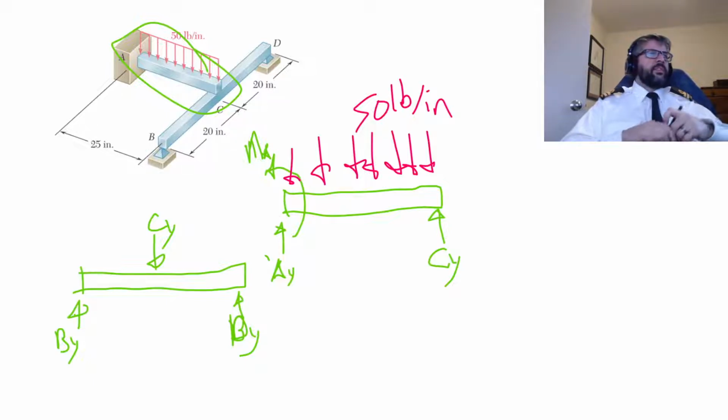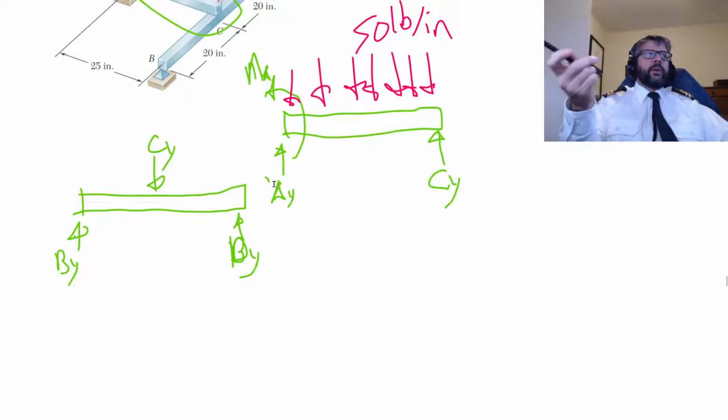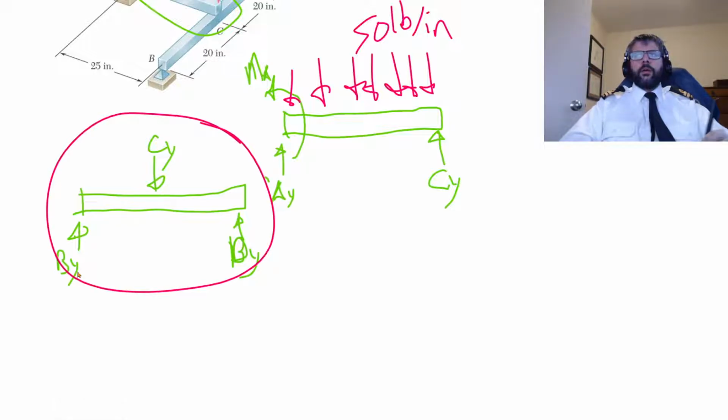50 per inch, like that. So again, the magnitude of CY is going to be based upon the displacement at C. So again, we got this pinned beam here.